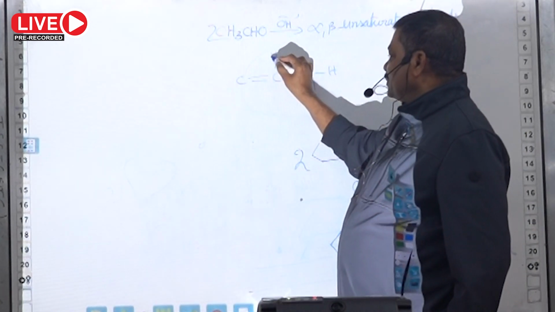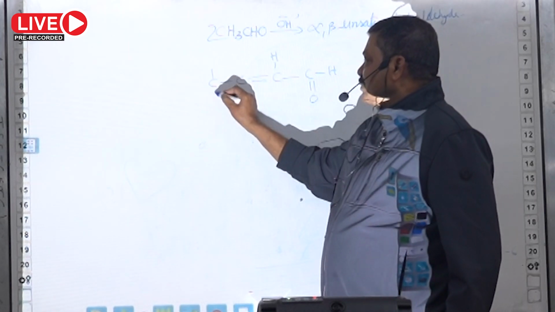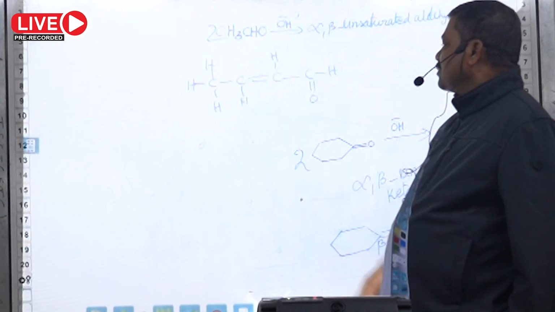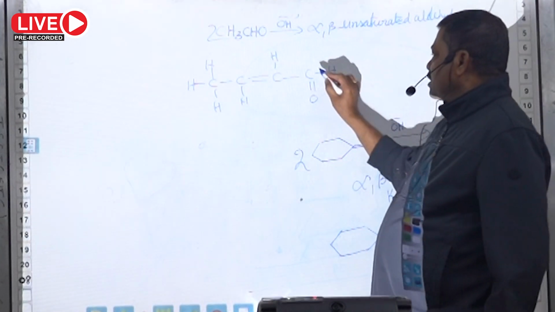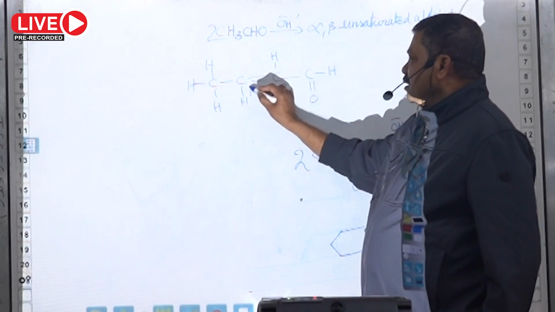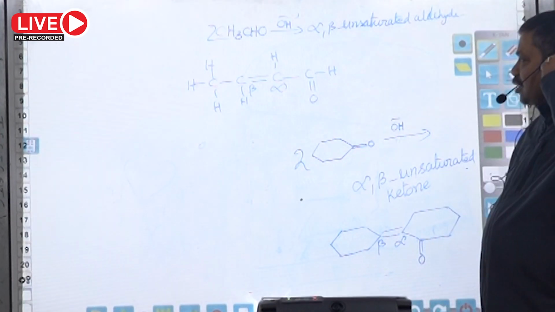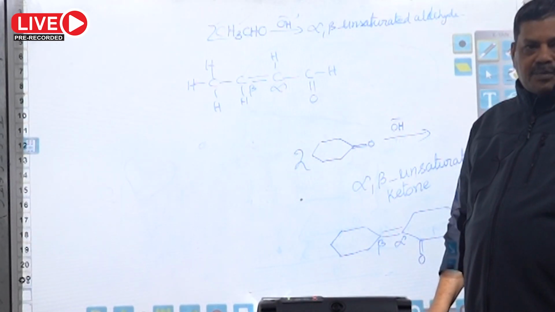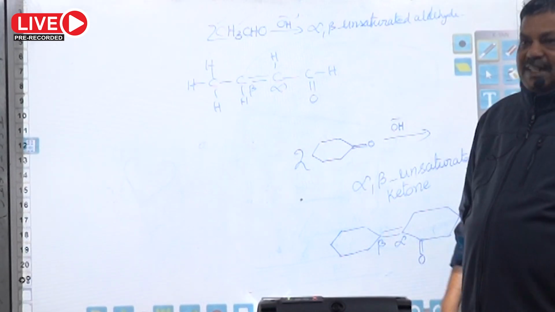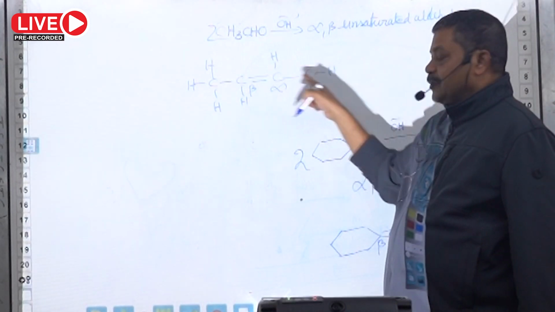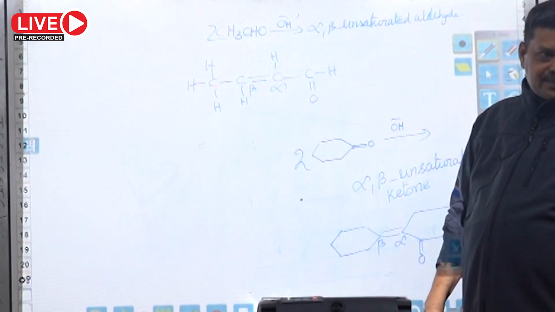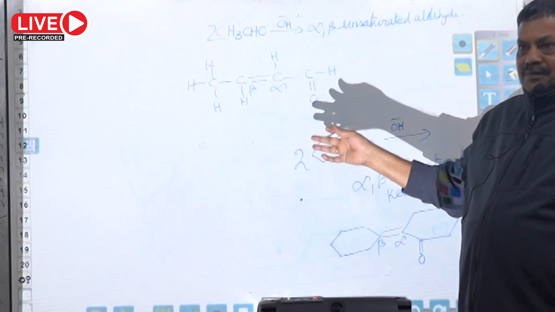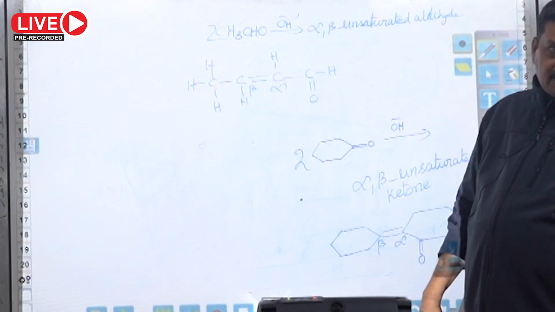So this product you will get. This is alpha, this is beta. Total 4 carbons, 2 in one molecule, 2 in the other molecule. 2 molecules are condensing, so total 4 carbons. It is called crotonaldehyde or but-2-en-1-al in IUPAC.